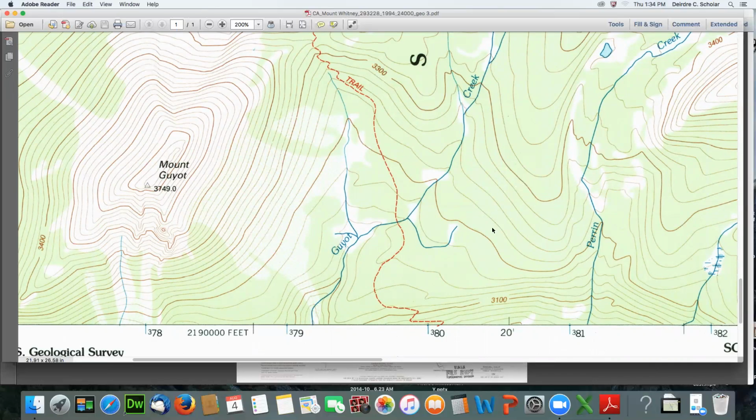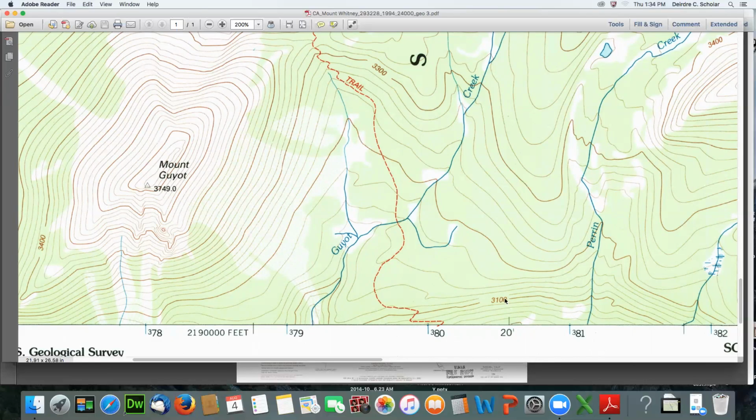If I'm going downhill this way, I know I'm going by hundreds because we already determined the index contour interval on a previous question. So this line has an elevation of 3,200, this line has an elevation of 3,100, and then this next dark index contour has an elevation of 3,000.